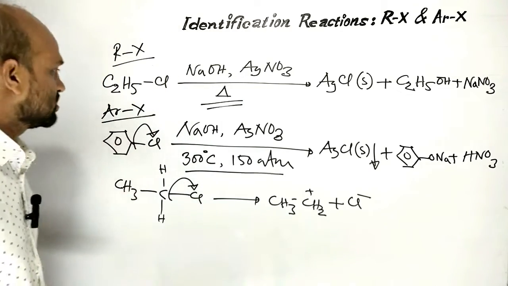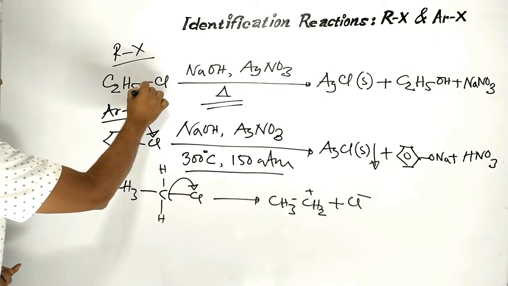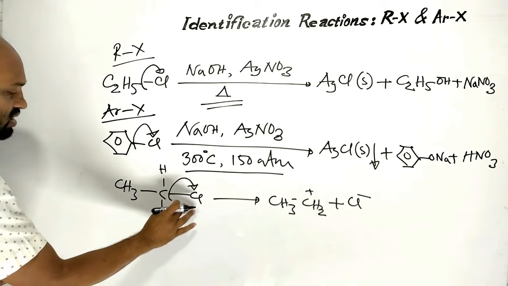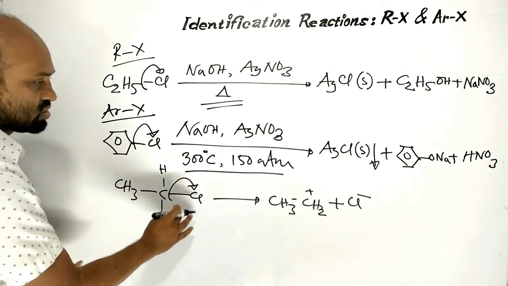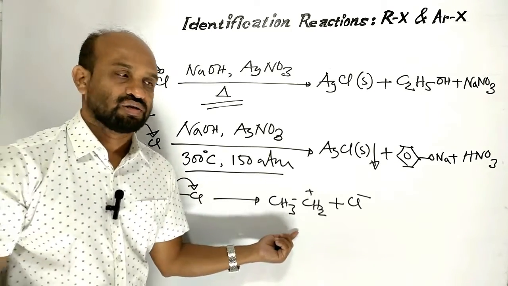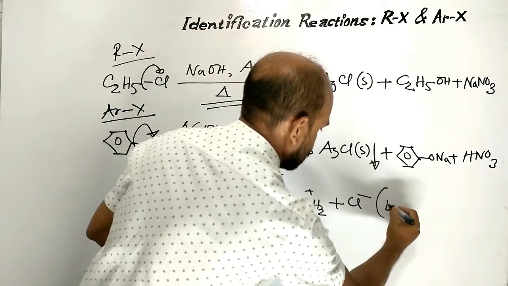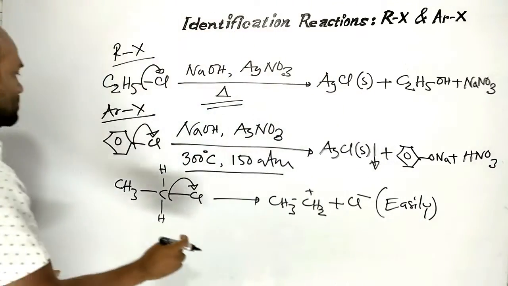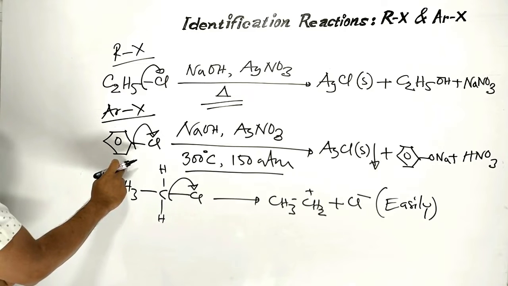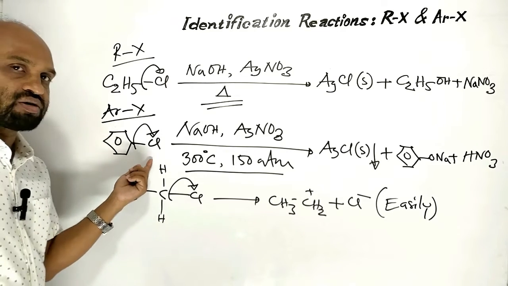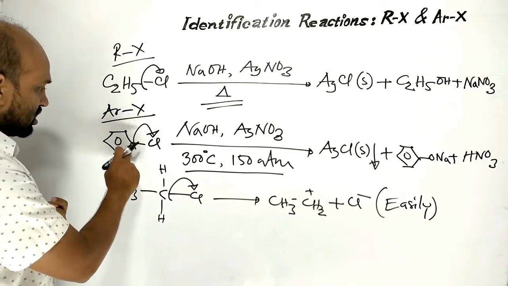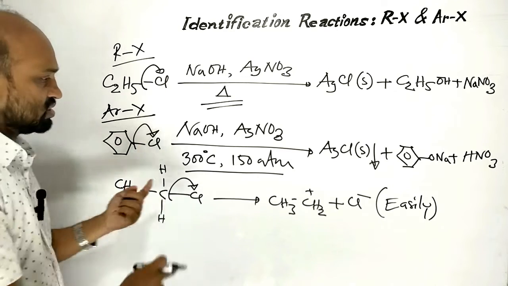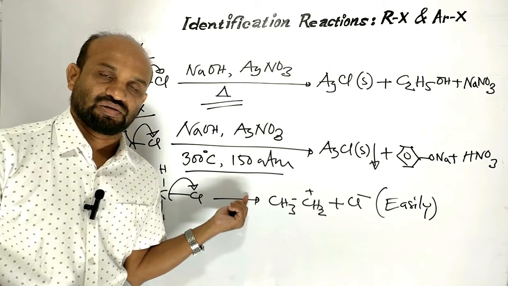That is, here this carbon-chlorine bond of alkyl halide undergoes hydrolytic fission easily. But in case of aryl halide like phenyl chloride, this carbon-chlorine bond undergoes hydrolytic fission at drastic condition.